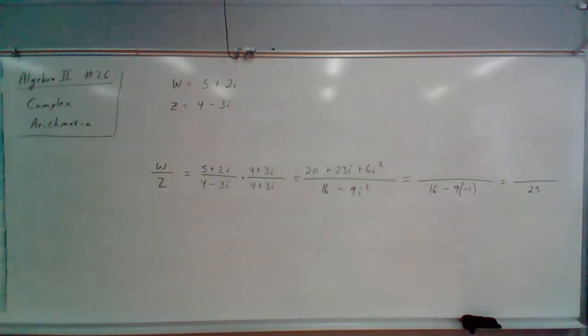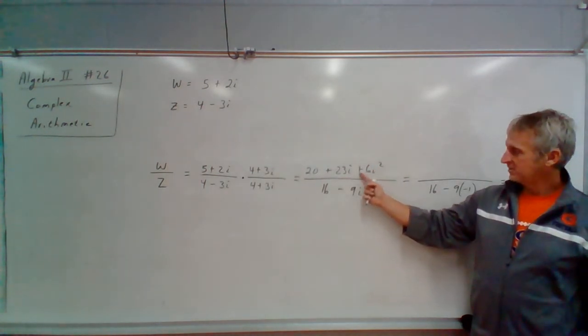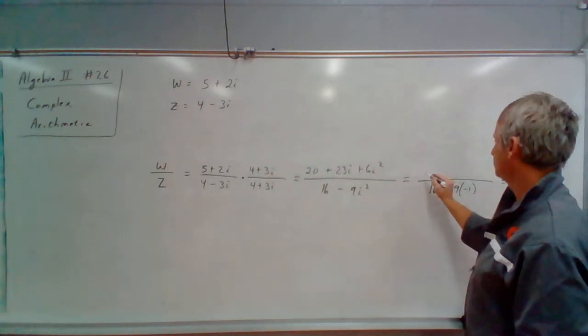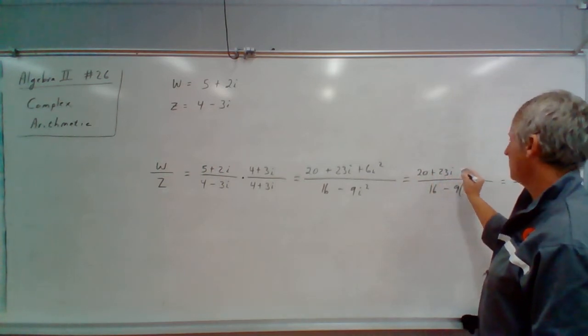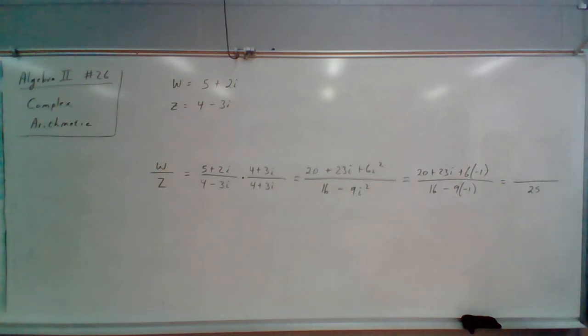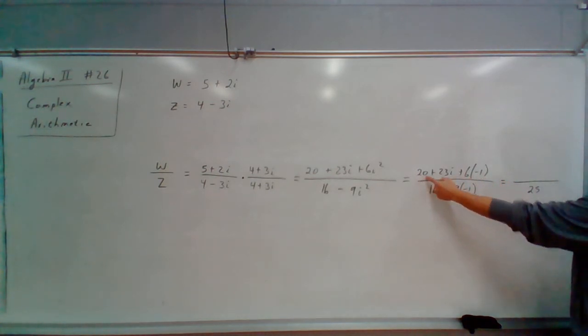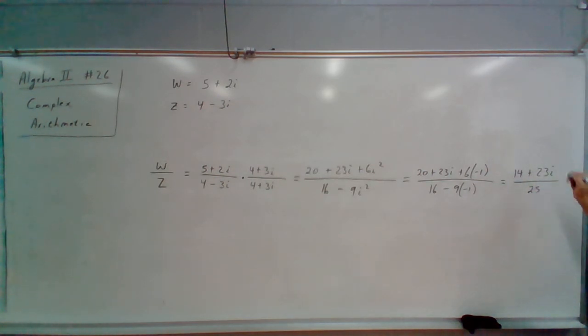That's 20, 15 and 8 is 23, plus 6i squared. All right, again, remember that i squared is negative 1, so this will be minus 6. So I'll have 20 plus 23i plus 6 times negative 1. 20 minus 6 is 14. So I will have 14 plus 23i.